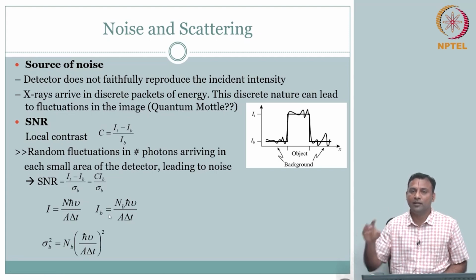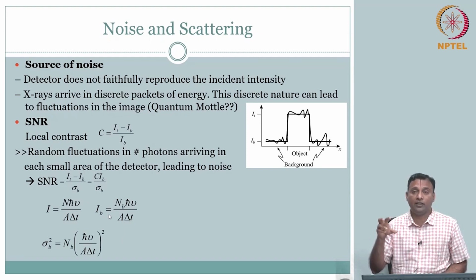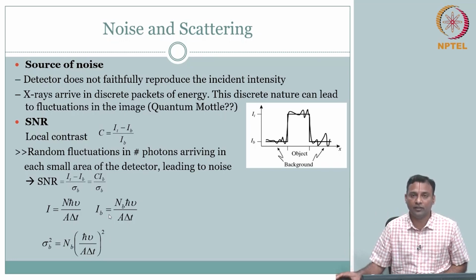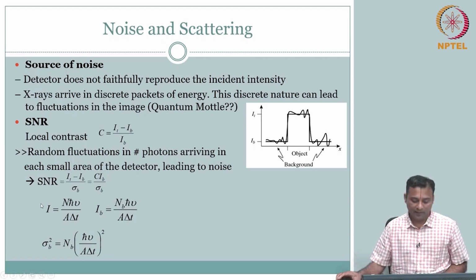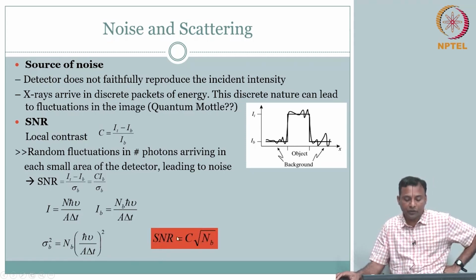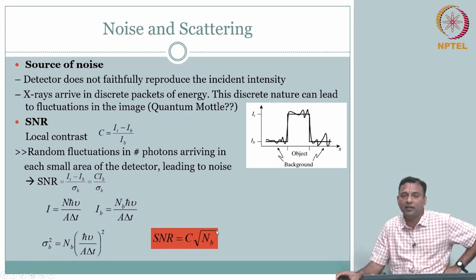So the standard deviation was the square root of variance, and we said for a Poisson distribution your mean and variance are the same, and therefore we got the square root of n in our generic introduction for image quality. So here we are customizing it by putting in the NB, and you have this h mu square by A delta t. So you can get a similar thing, SNR, if you substitute, as C square root of NB, nothing more.